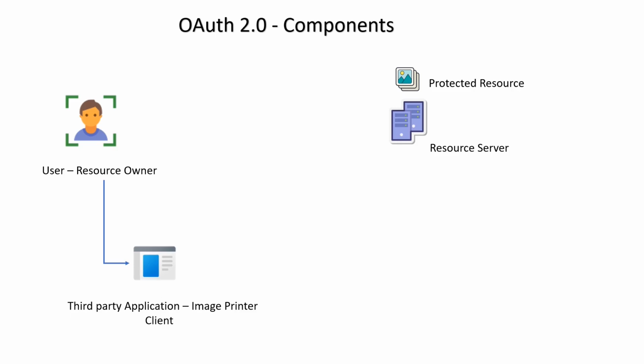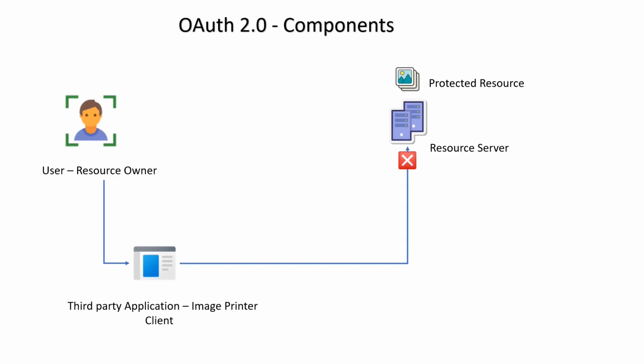So it will request access to those pictures, or resources, from the resource server, right? But do you think the resource server will allow this third-party application to access the photographs? No, right? Because the resource server does not know about this third-party application, and the pictures are protected resources of the user.